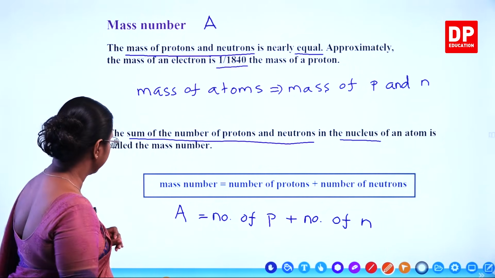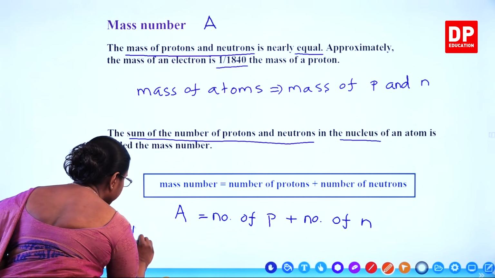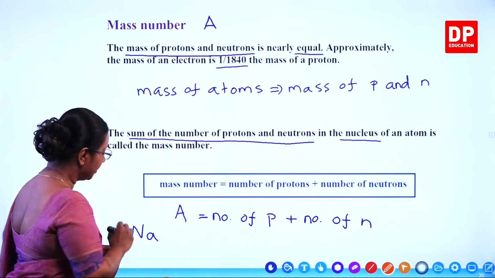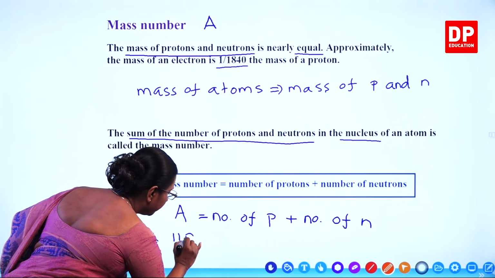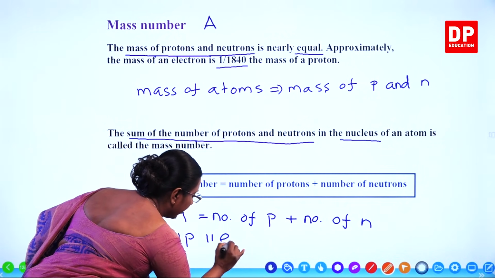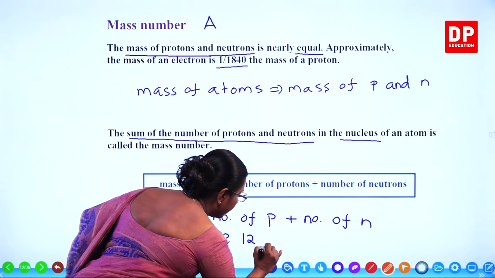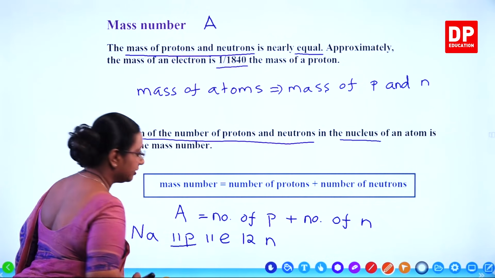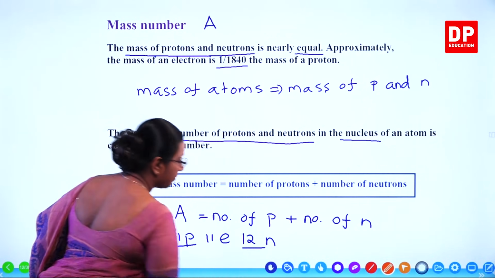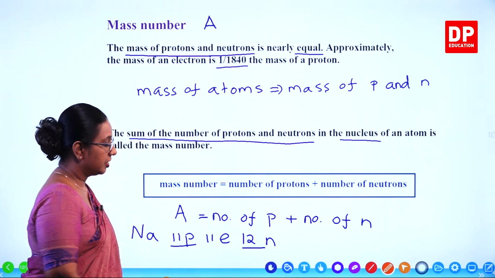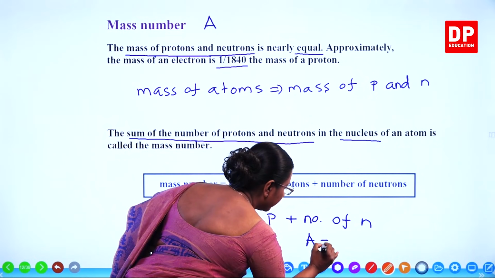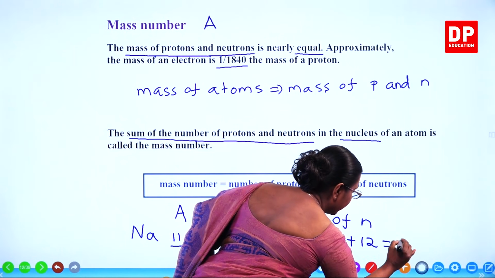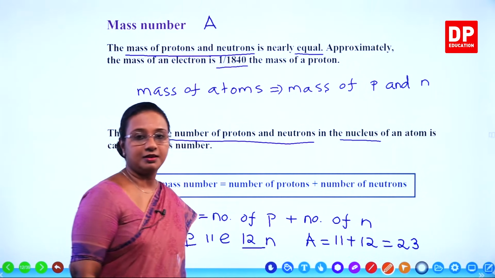So for example, if we take again the sodium atom, you will remember by now, sodium has 11 protons, 11 electrons and 12 neutrons. Out of these, we need to take the number of protons and the number of neutrons. So the mass number of sodium, A, will be equal to 11 plus 12, that is 23.